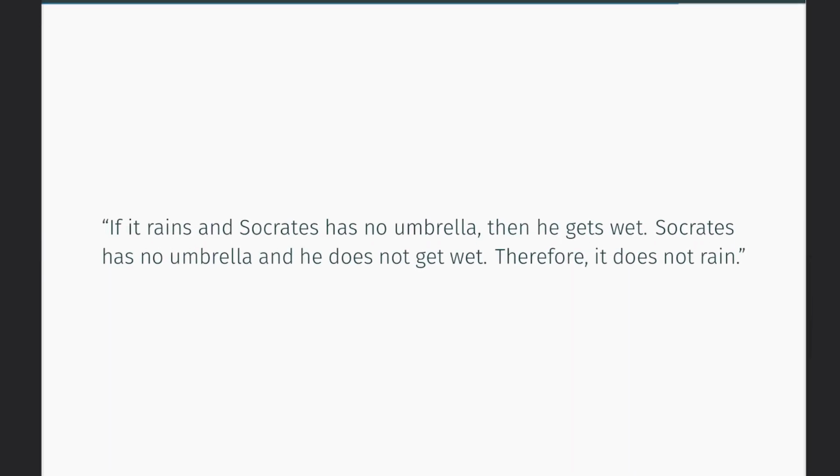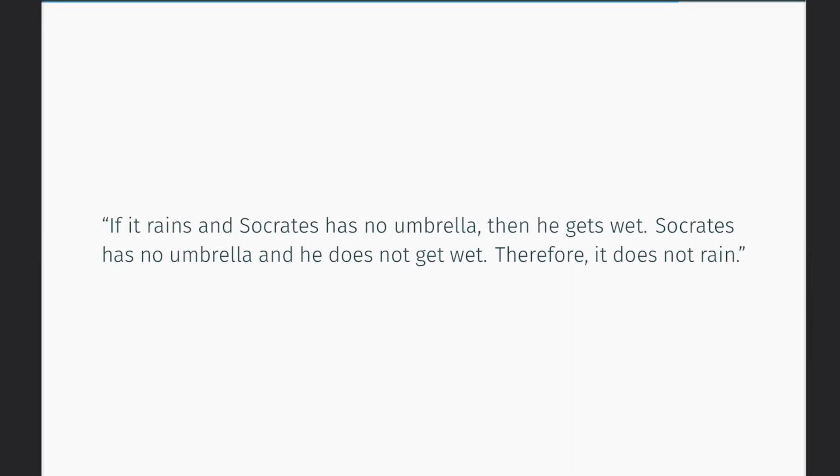So now finally we are nearing the end. We're going to bring everything together. So we are going to take this statement, bring it into propositional logic, and see whether the relation is valid or not. So remember from before, if it rains and Socrates has no umbrella, then he gets wet.